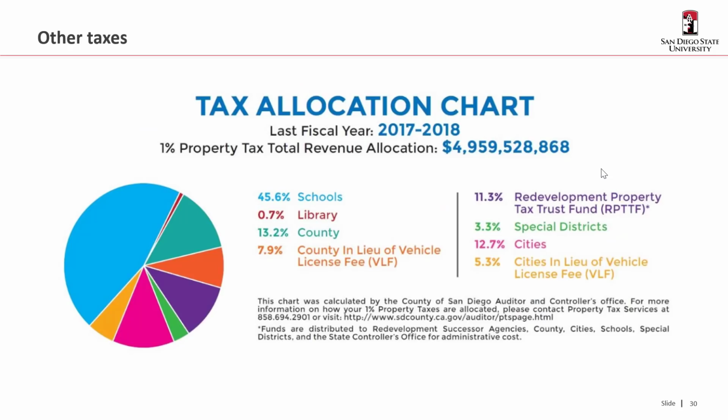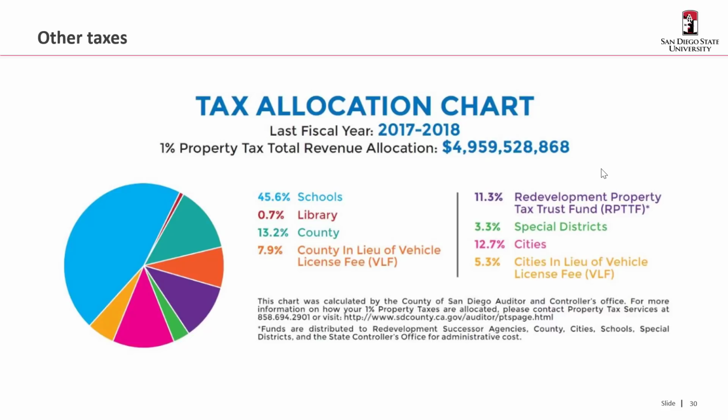Okay, so here's how your property taxes are spent, in case you wondered where property tax revenues went. You can see the largest share goes to schools. There's a small chunk that goes to the library. There's a fairly sizable chunk that goes to pay for county-based services like courthouses and sheriffs, things of this nature.